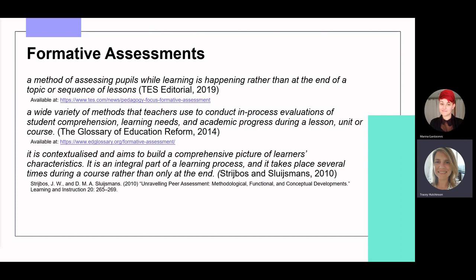I also think that the reference to it taking place at several times during a course refers to the more formal formative assessment activities, as I suggest that formative assessment could take place extremely regularly in every contact we have with our students in a more informal context. We use ongoing assessment activities to constantly check for understanding and rates of progress. And this also includes the depth of learning for individuals and informs our future teaching, learning and assessment practice.